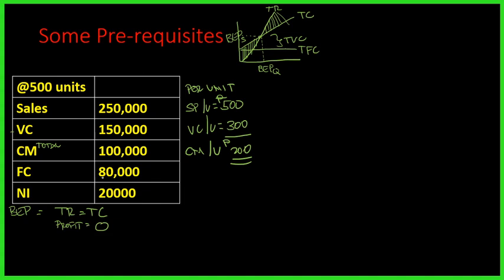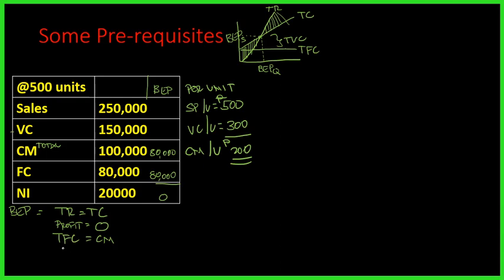Now, if you look at this income statement, if my profit is 0, then at any point, we know our fixed cost is constant. Then it also means that my contribution margin at break-even point, let's write that down, at break-even point is also 80 dapat. Right? So we can say that your total fixed cost will be equal to your contribution margin.